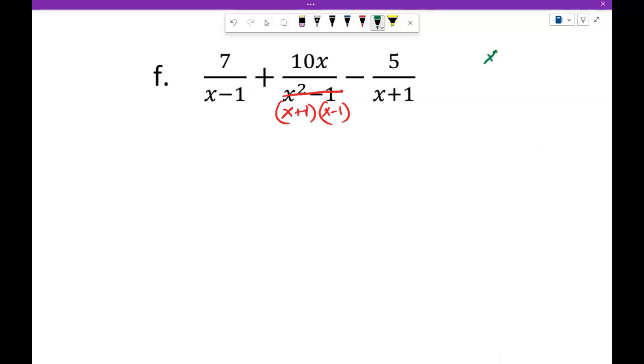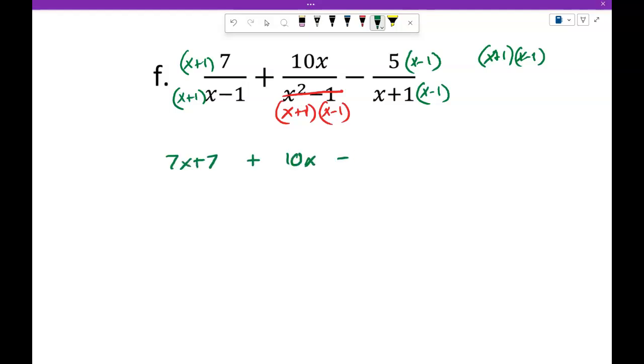Our LCD is x plus 1, x minus 1. The middle term already has the least common denominator, so we only need to multiply the first and the last term by the factor that they're missing. Don't forget this negative needs to be distributed.